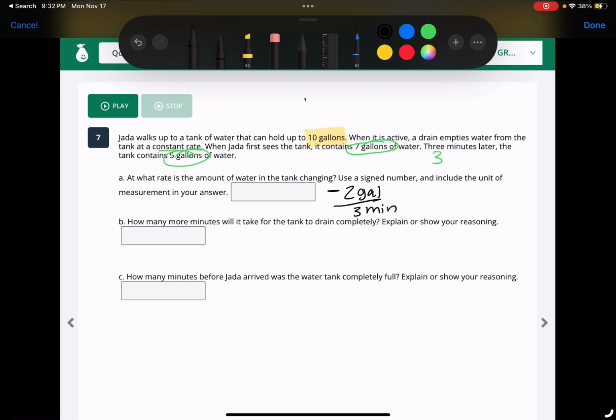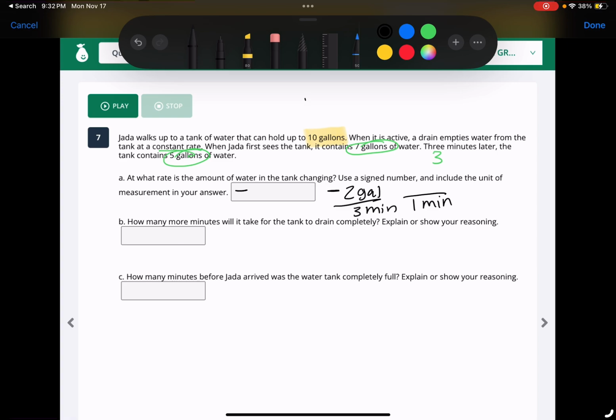But because it is a rate, like a unit rate, we want to figure out how many gallons it is in 1 minute. How many gallons per minute. So with that being said, we want to do negative 2 divided by 3, because our answer is negative. That's our sign.